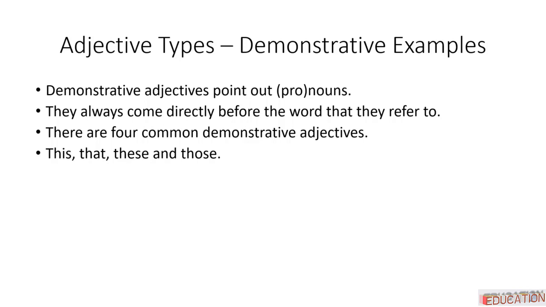And then this and these are for things close to us, and that and those are for things further away. So that gives us the 4. This is one thing close to me. That is one thing far away. These are many things close. And those are many things far away. And we'll see examples of those.